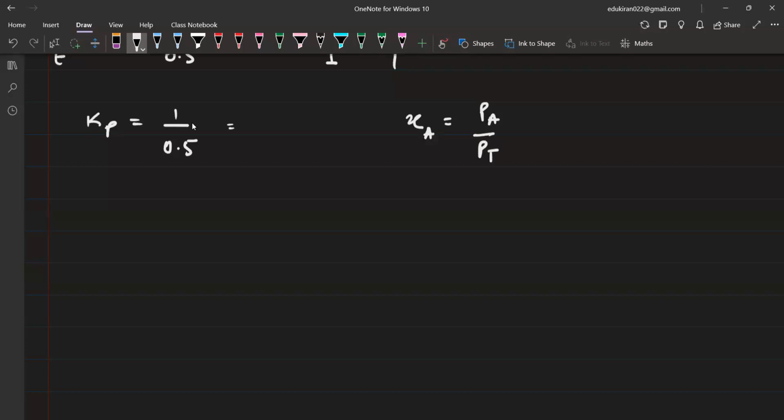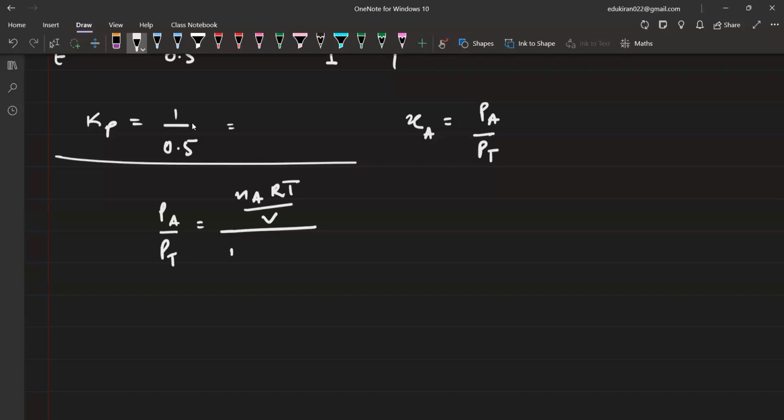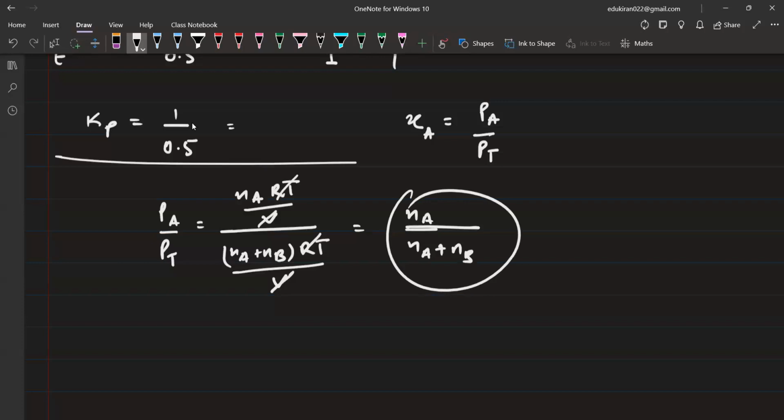That means if we do PA upon PT, it should come somewhere. Okay, see guys, got it. Let's suppose what is PA upon P total. So what will PA be? Number of moles of A RT divided by volume. What will P total be? Number of moles of A plus number of moles of B, because these are the only moles, RT whole upon V. Make sense? Yes. Now we can cancel RT and RT, we can cancel V and V. You will get number of moles of A divided by number of moles of A plus B. And this thing is what? This is chi A. This makes sense?